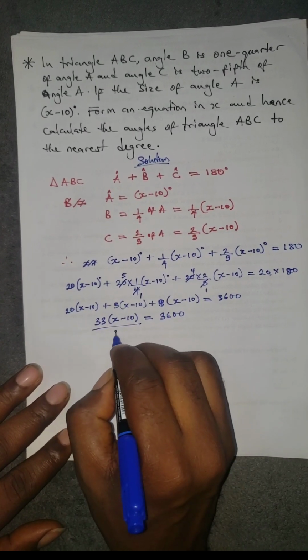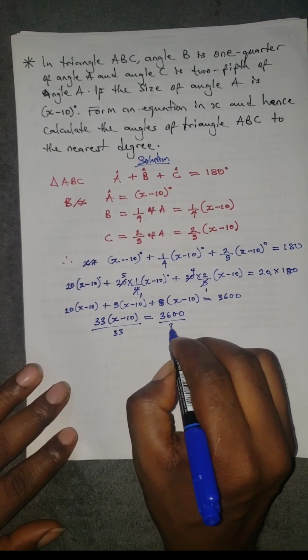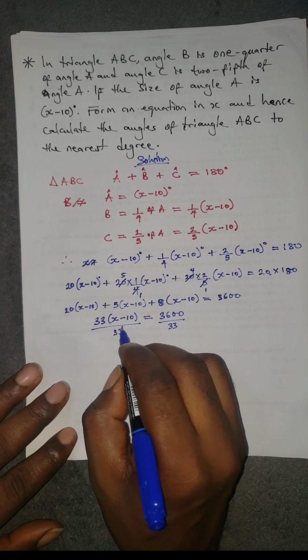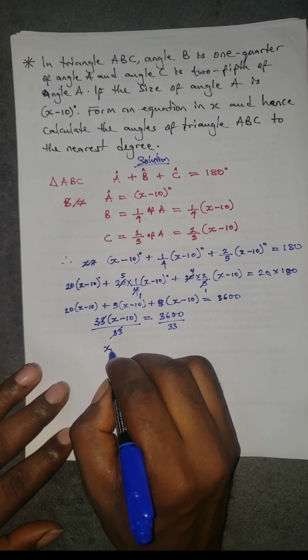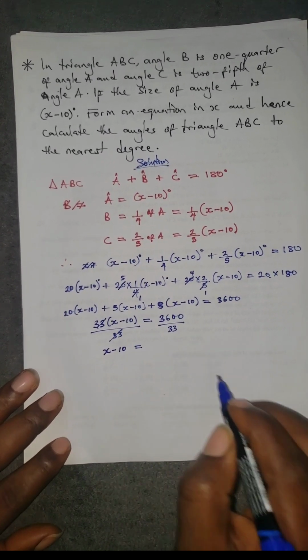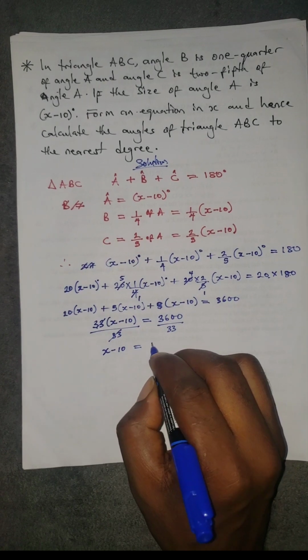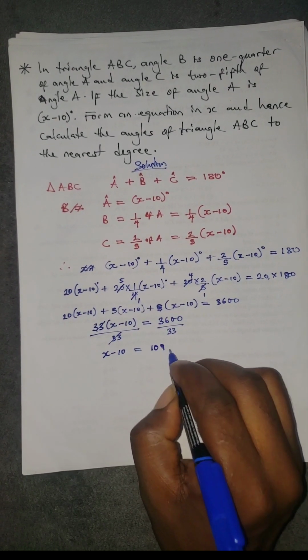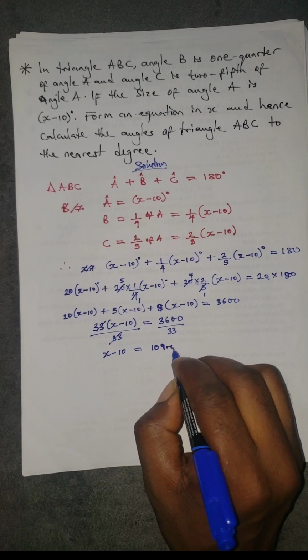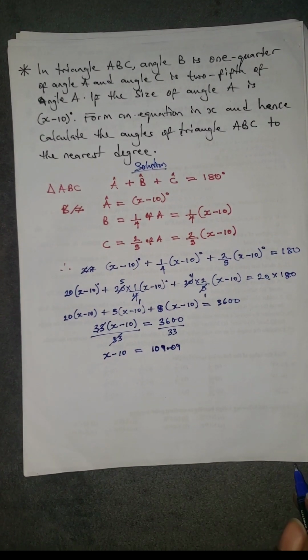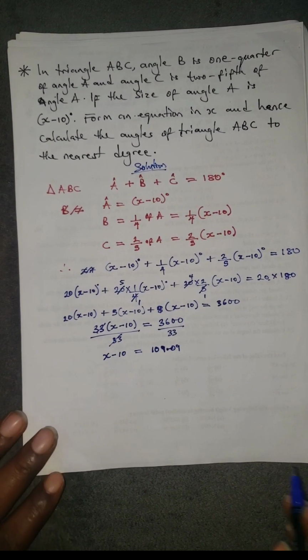So you can divide here by 33, divide here by 33. So this and this will go. You have x minus 10 equal to 109.09. Okay, 109 point 09.